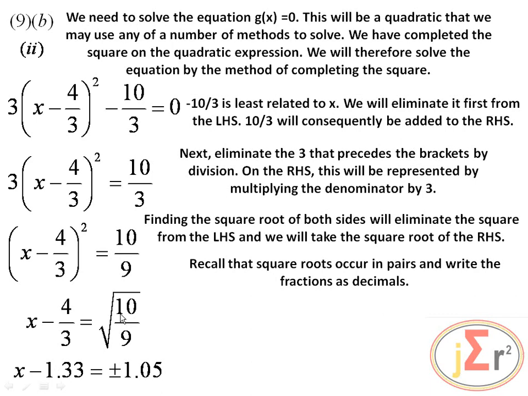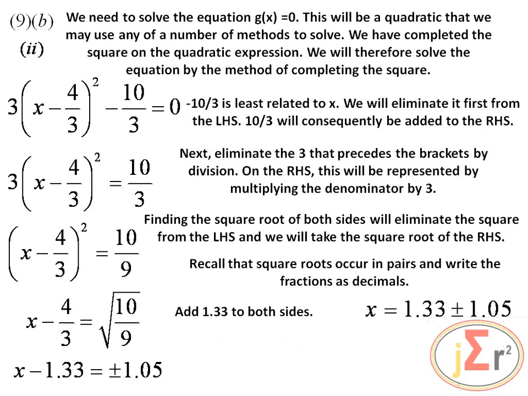And as we discussed before, we will eliminate this negative number from the left hand side by adding 1.33 to both sides. And on the right hand side, we will have all of that plus 1.33.